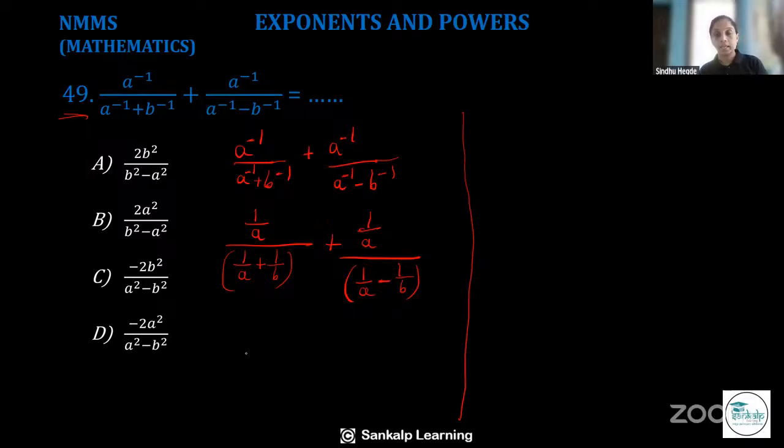Write the numerator as it is. So it becomes 1 by a divided by 1 by a plus 1 by b.